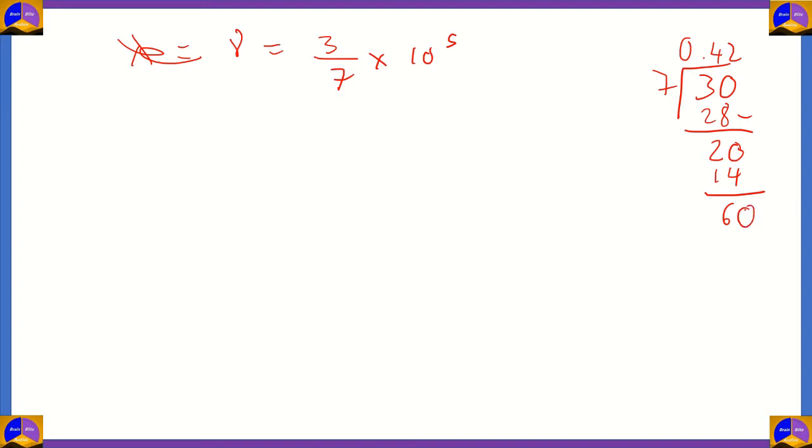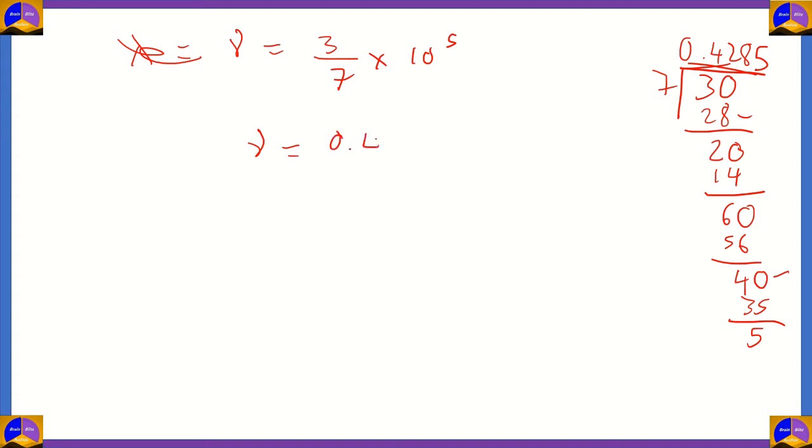Add another 0. So that's 60. 7 times 8 is 56. So you get a 4. Add another 0. So you get 40. 7 times 5 is 35. 40 minus 35 becomes 5. So that's more than enough.